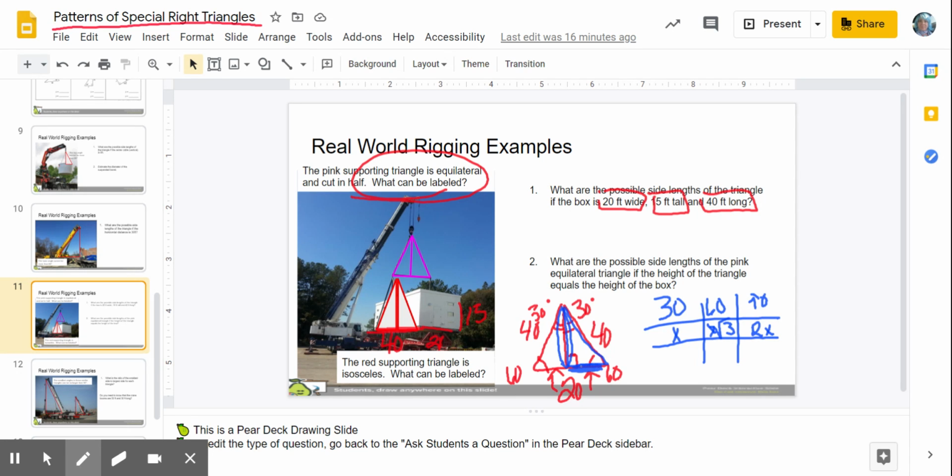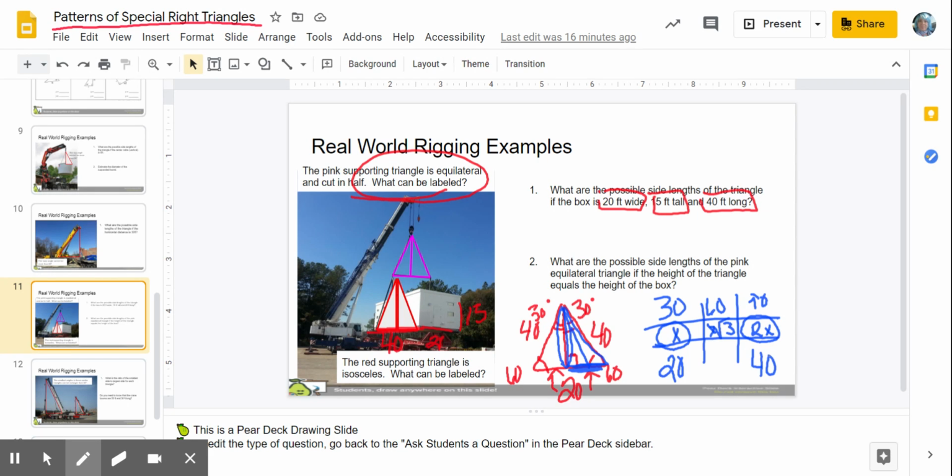This side here is 20. What's it opposite? What makes sense if I know that I've got two sides, one is small and one is big? So the smaller side is 20 and the bigger side is 40.